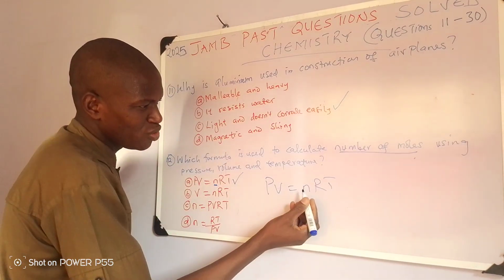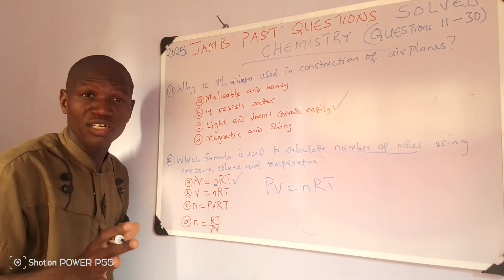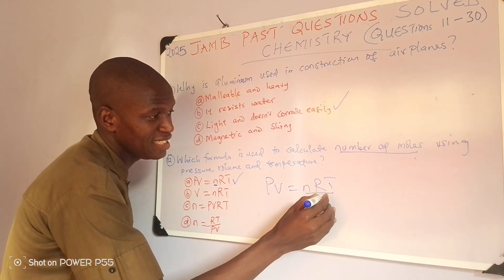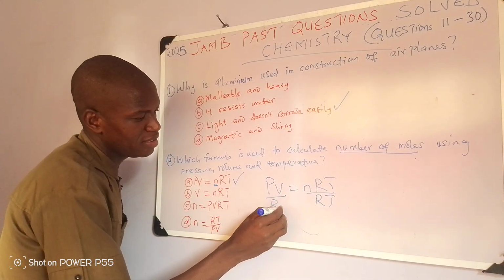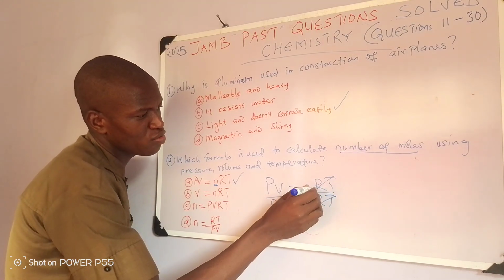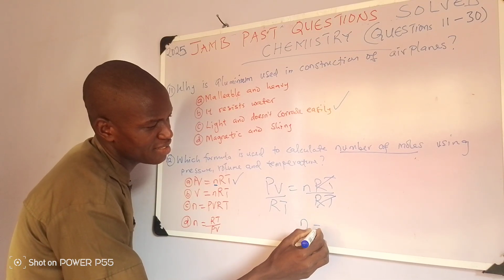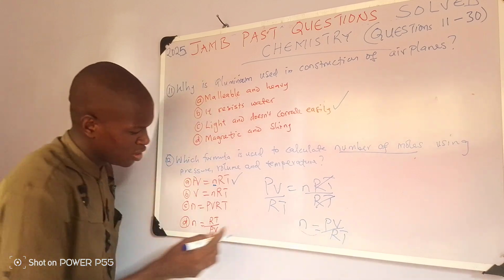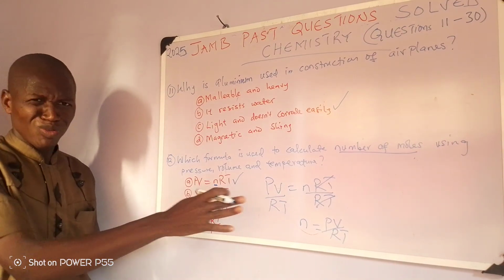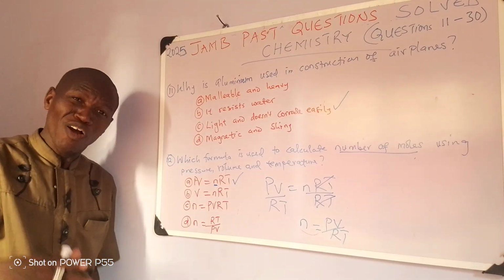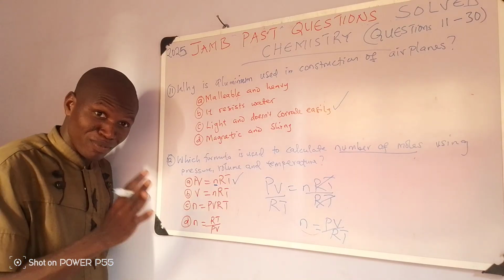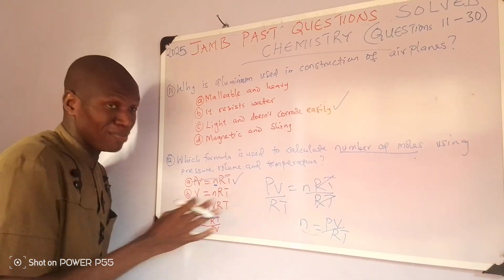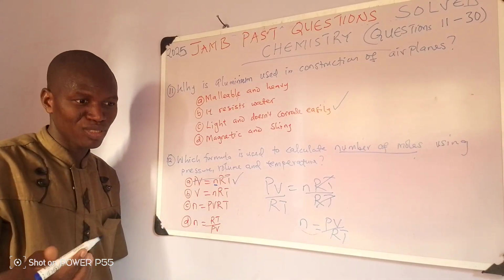But now observe that you can make n, which is the number of moles, the subject of formula by dividing both sides by RT, so that this goes with this, and your formula will be n = PV over RT. Does this D not look close to this? Of course, yes. Now, you have to be very careful when it comes to exam, because you may not even see this option at all, but this may be there because they have made it the subject of formula.